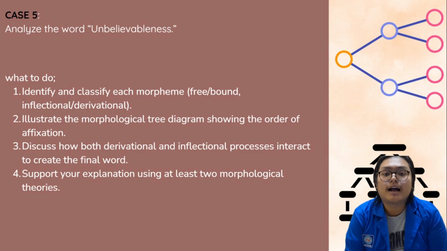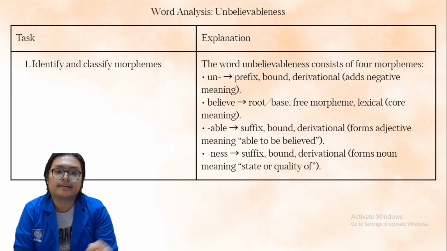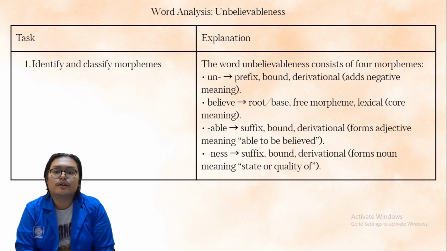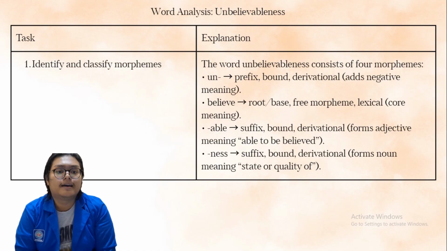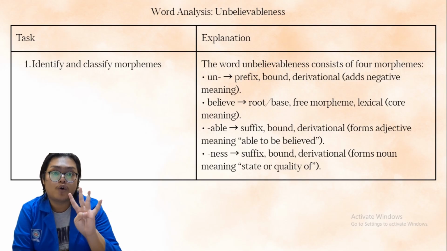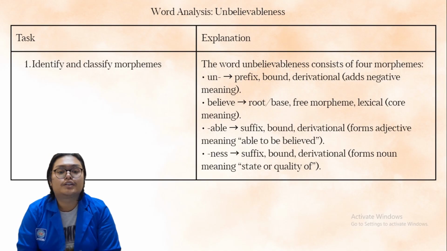Analyze the word unbelievableness. So what to do is, 1. Word analysis. Identify and classify morphemes in the word unbelievableness. The word unbelievableness consists of four morphemes. 1. Un is a prefix, bound, derivational, adds negative meaning. 2.